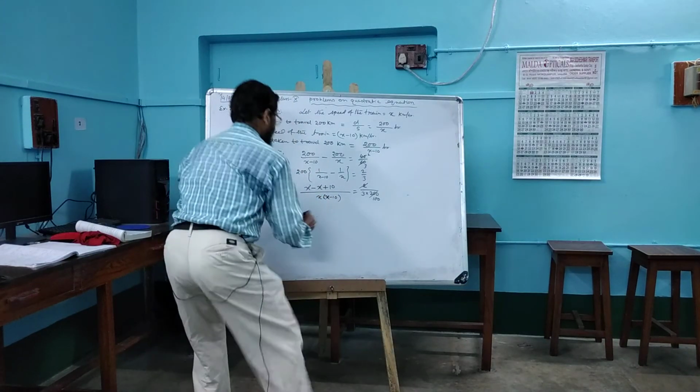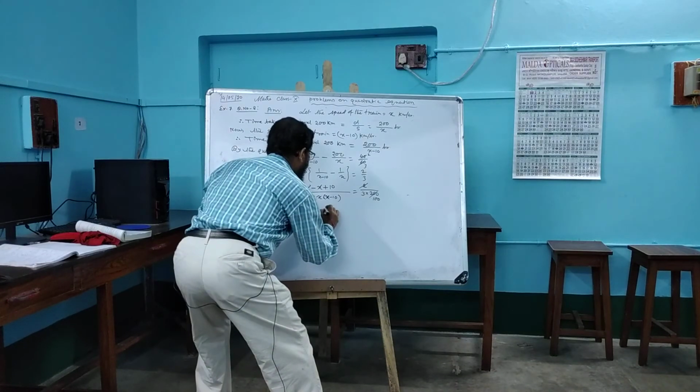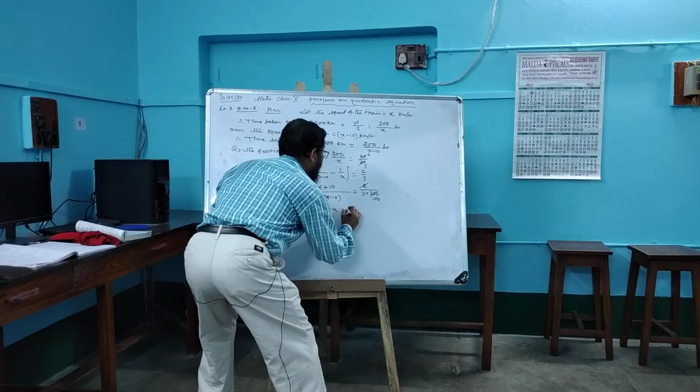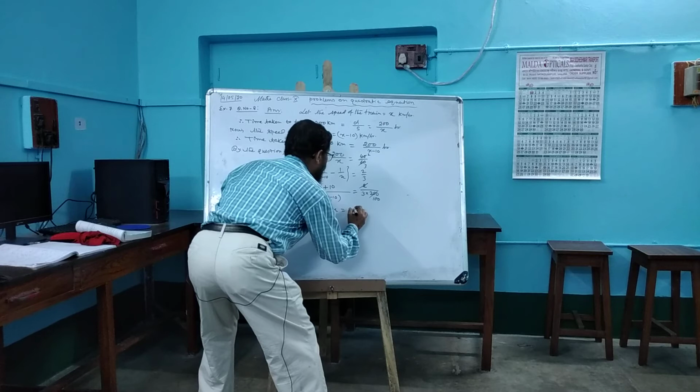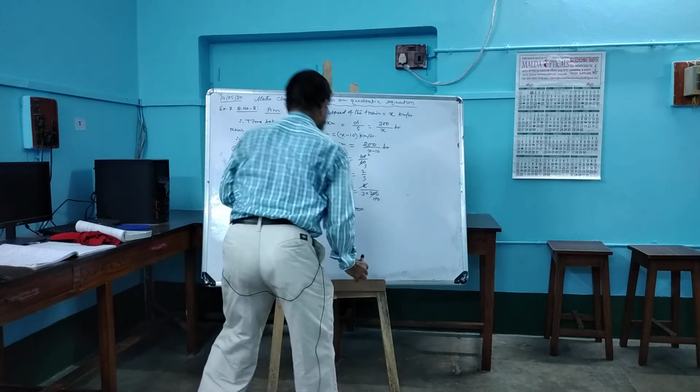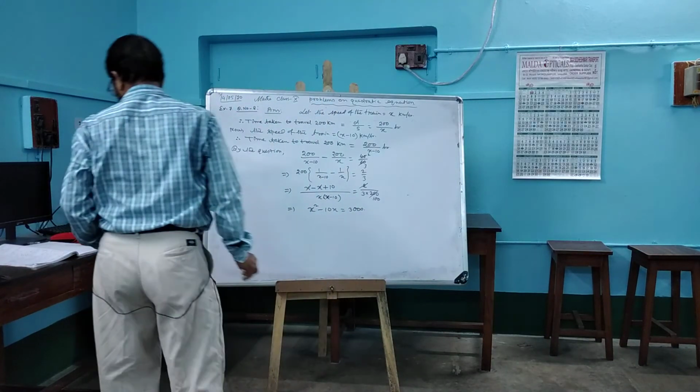This implies x square minus 10x equal to 3000. This is the equation.